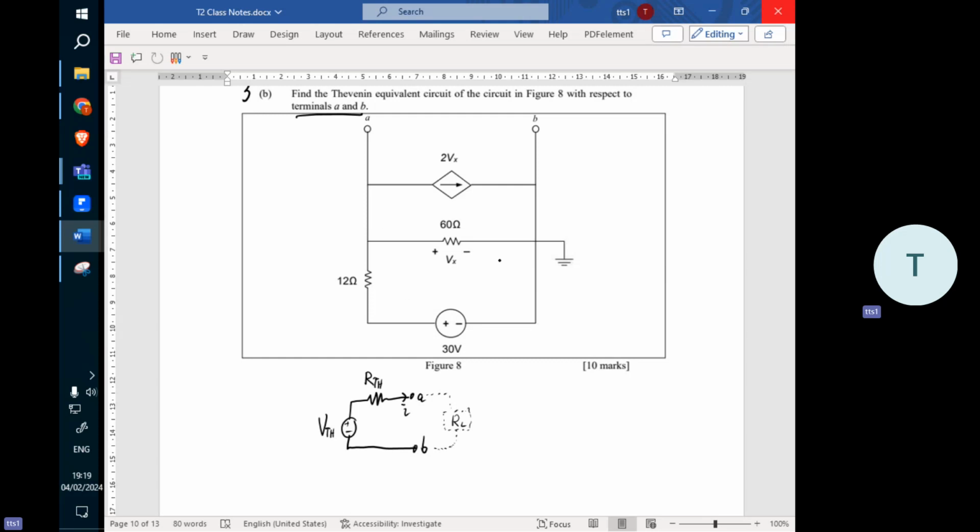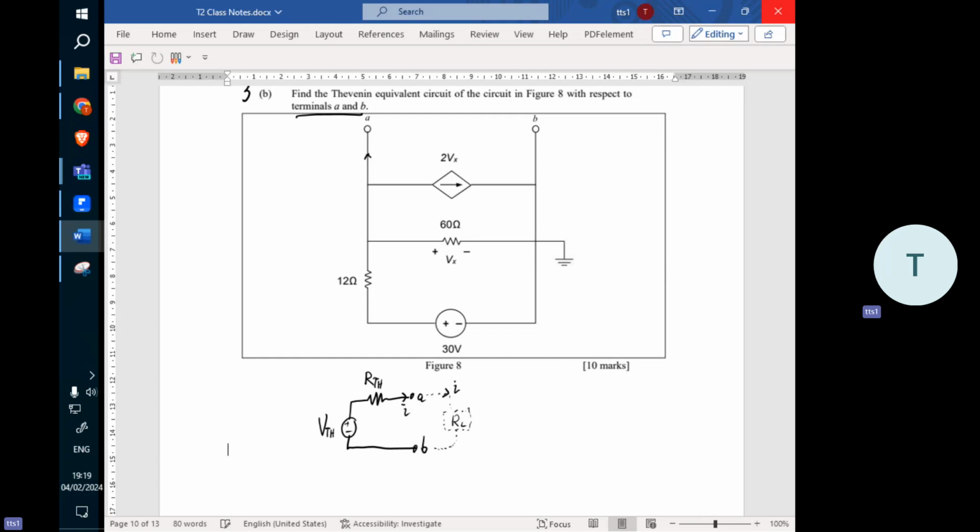If you give your customer this circuit and ask him to calculate the current coming out from A and going back to B, it's difficult, right? So we rather simplify this to a Thevenin circuit like this one. At the end, after the customer attaches the RL, you only have two resistors in series, and it's much easier to calculate the output current.